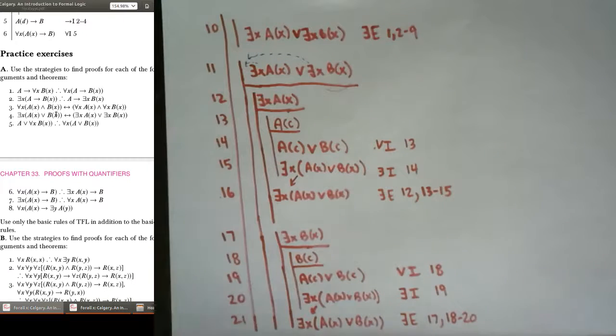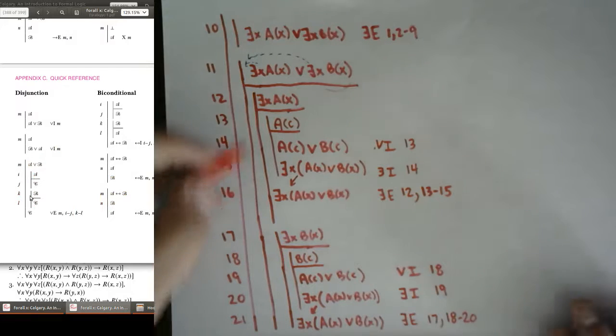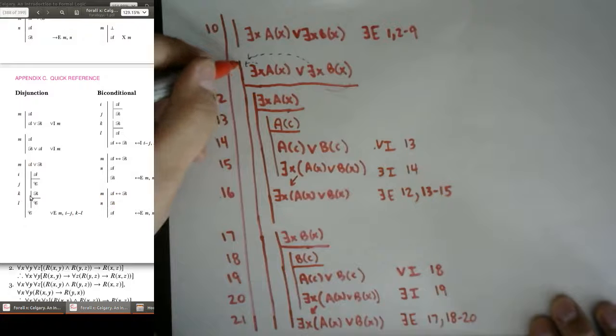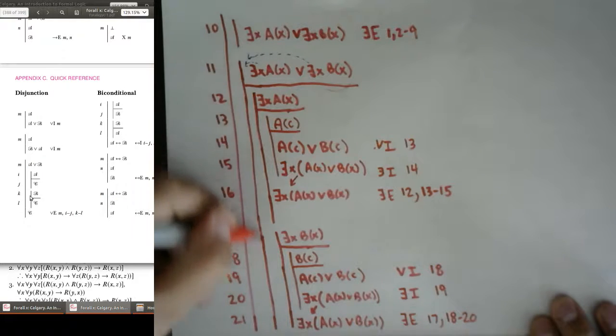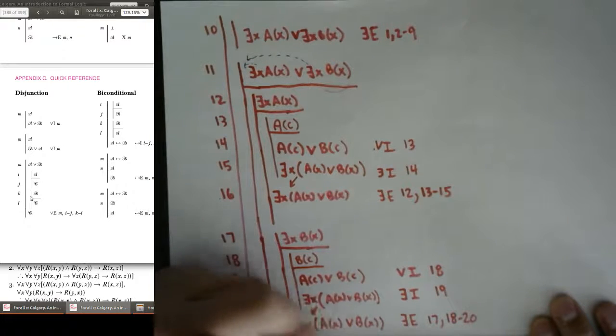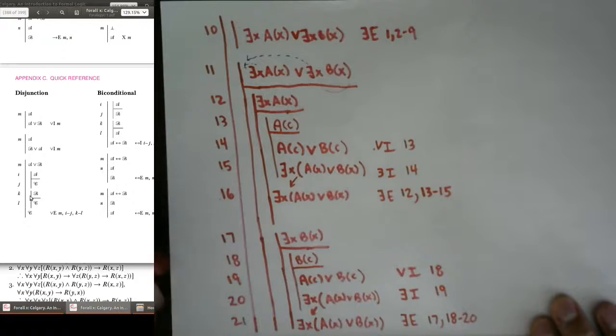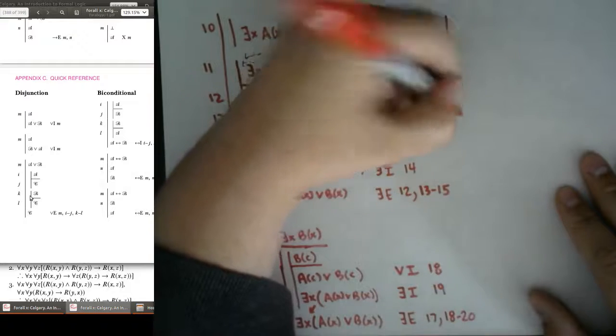So I'm able to apply the disjunction elimination rule, because we've met this structure, and pull out from inside of this subproof this there exists statement that you could call factored, right? So let's continue the proof over here.